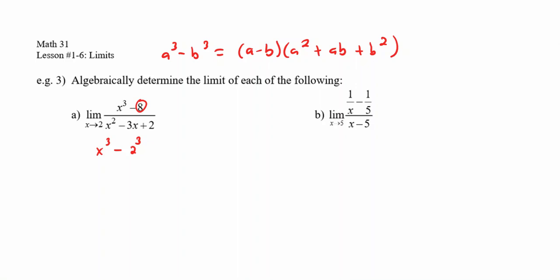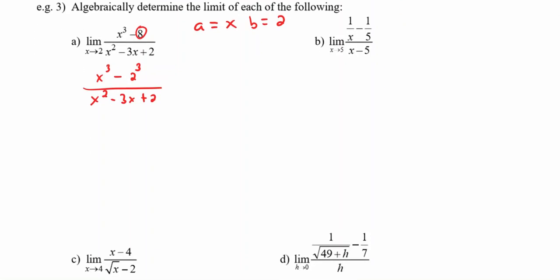Let's write down, so my a value is x, and my b value is 2. Okay. So from there, I'll write the whole thing. So this is over x squared minus 3x plus 2.